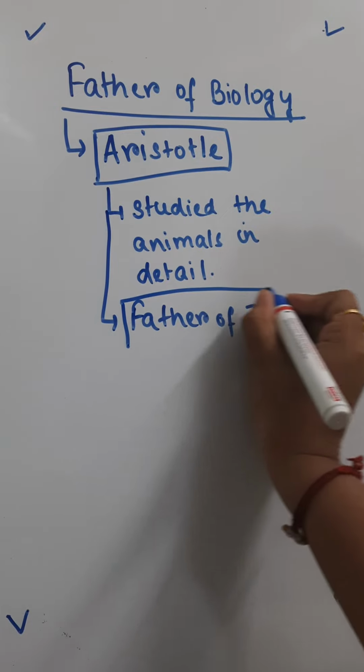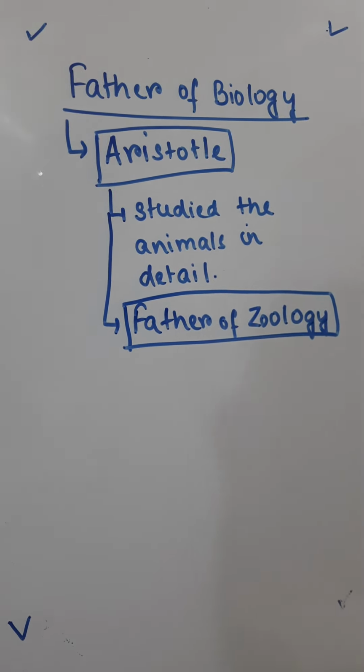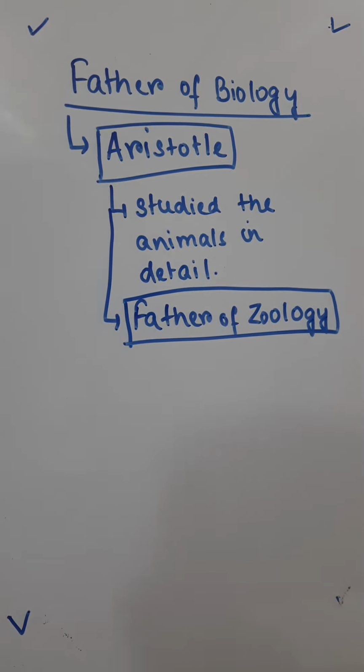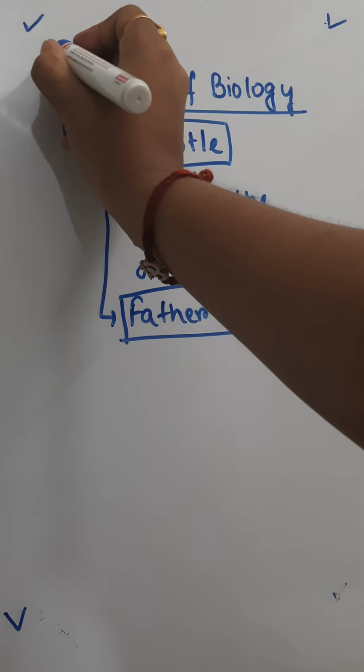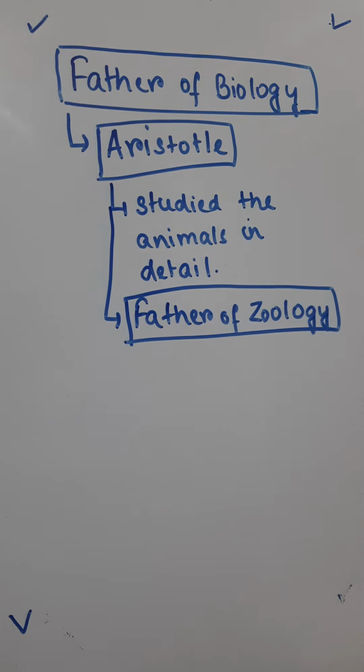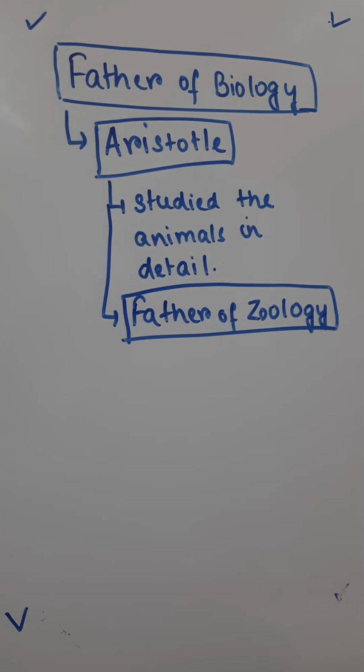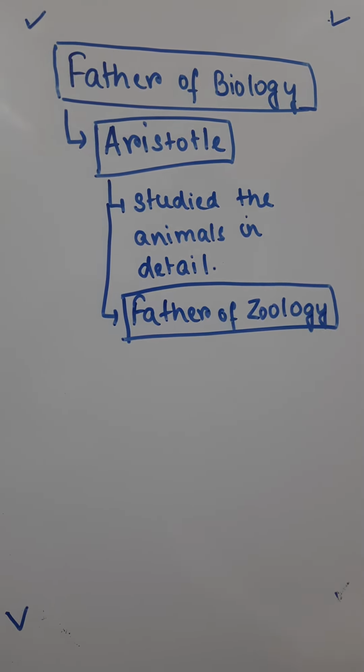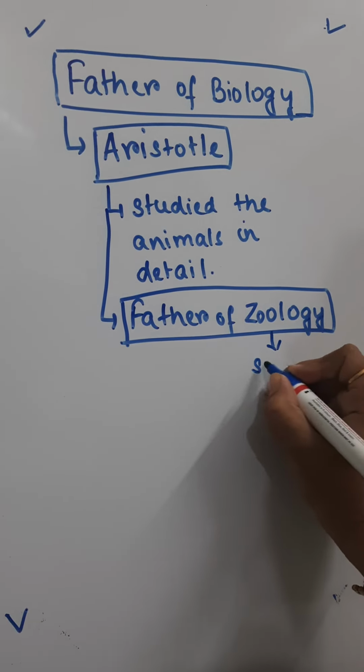So, we get two crowns upon Aristotle. He is known as the father of biology, and he is also called the father of zoology. Zoology is nothing but the study of animals.